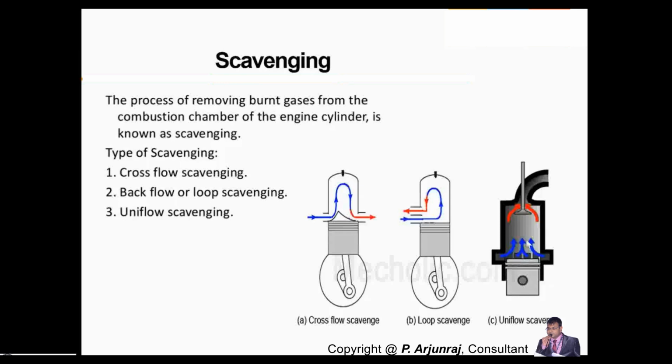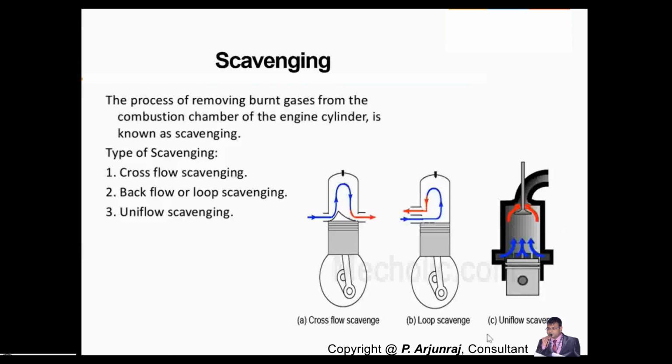Air is coming from the inlet with the help of the intake port, and you have the transfer port which will transfer the inlet air, and the air-fuel mixture will form. The combustion will happen above the piston, which is nothing but the combustion chamber. And you have one more port called the exhaust port, which will expel exhaust gas to the atmosphere.